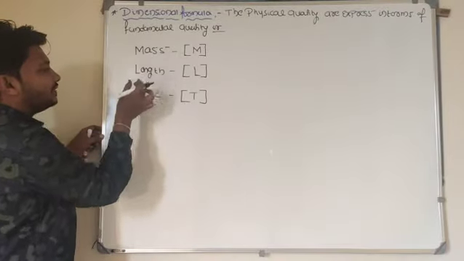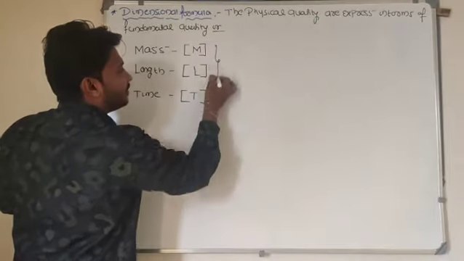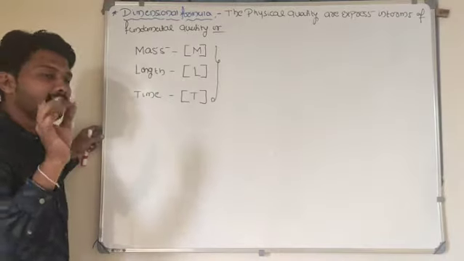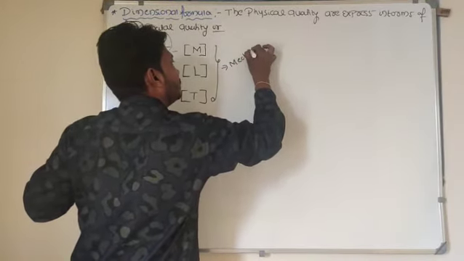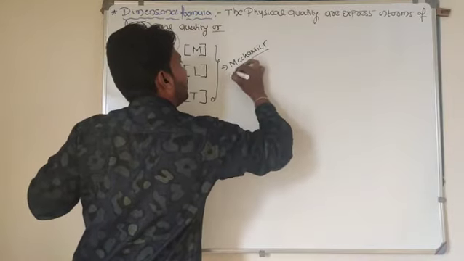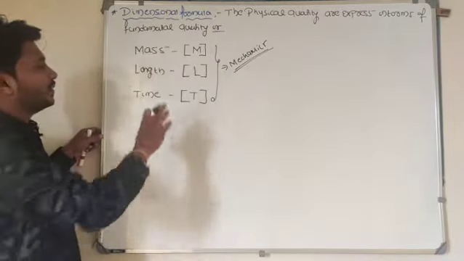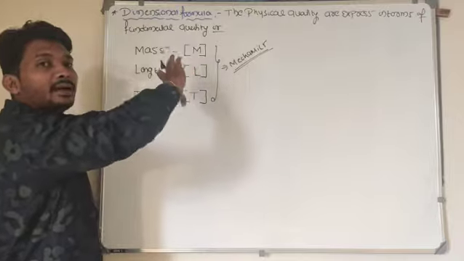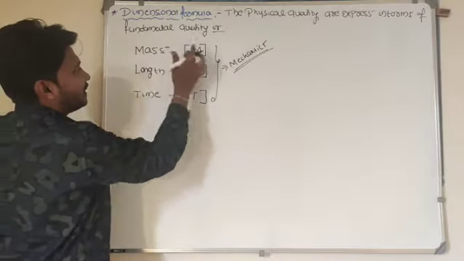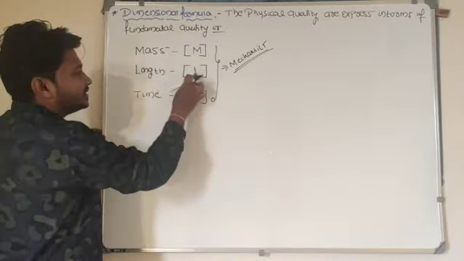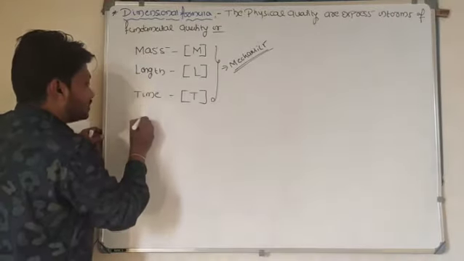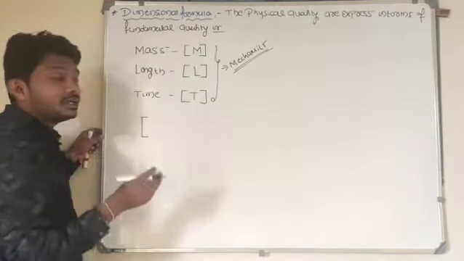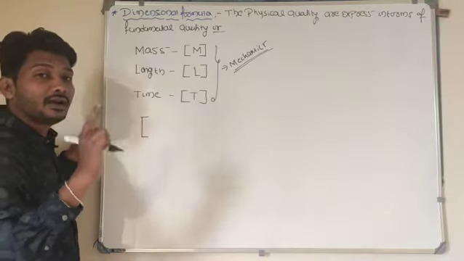So mass, length, time: these three are the fundamental physical quantities in classical mechanics. Let me discuss only mechanics here. Mass is represented by the letter M, length by the letter L, and time by the letter T. So the dimensional formulas I have to express in the form of MLT.